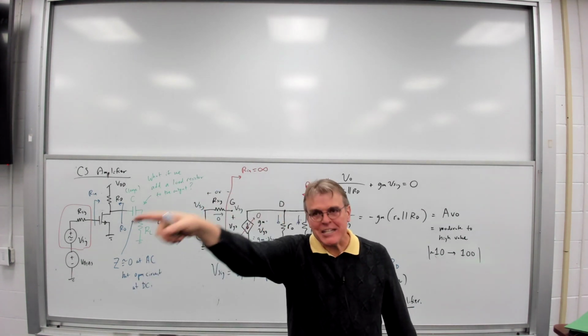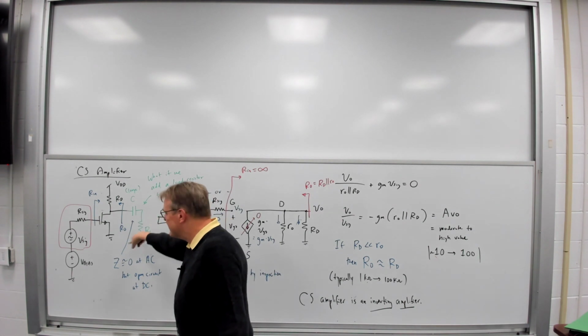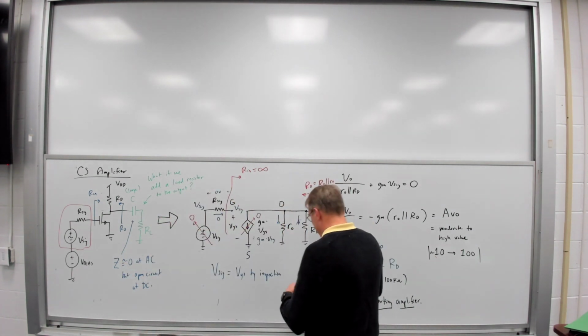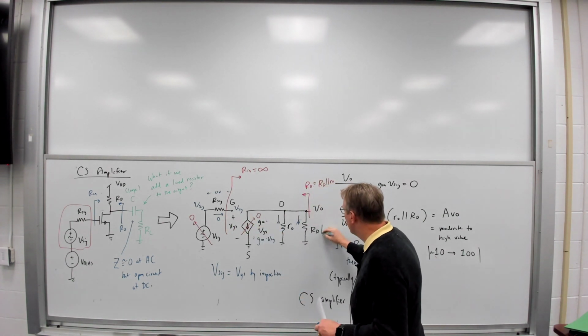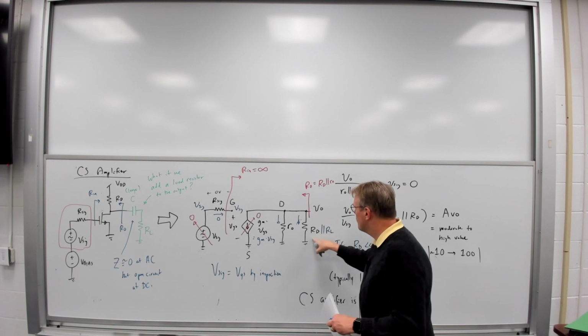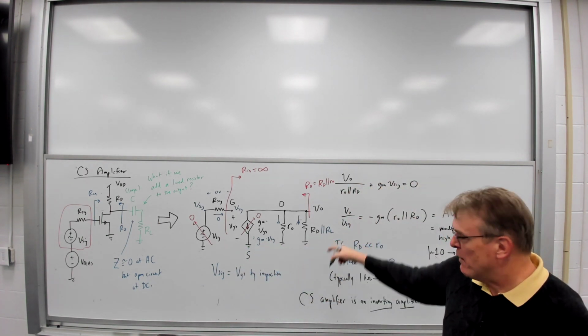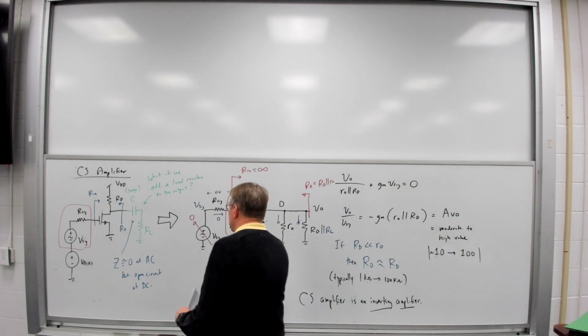But in the AC domain, what happens? Because of that capacitor, suddenly that resistor appears. So what do I get? Now I get a drain resistance in parallel with a load resistance now connected at that drain node.